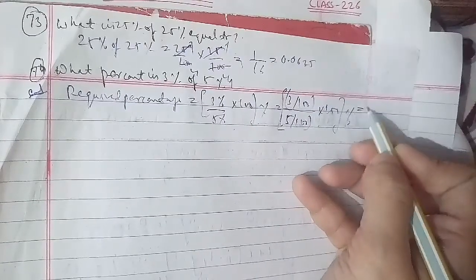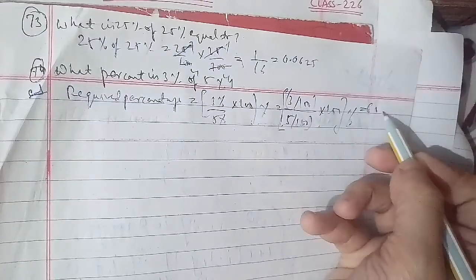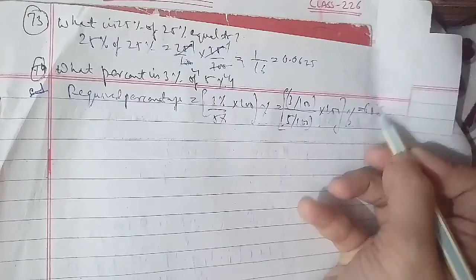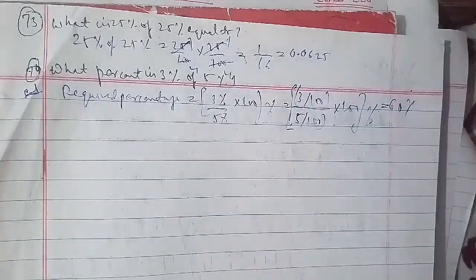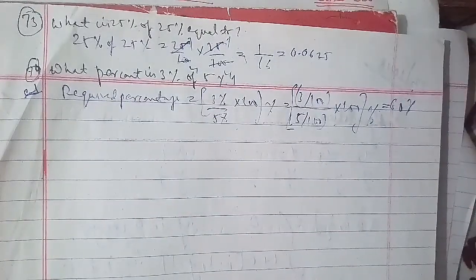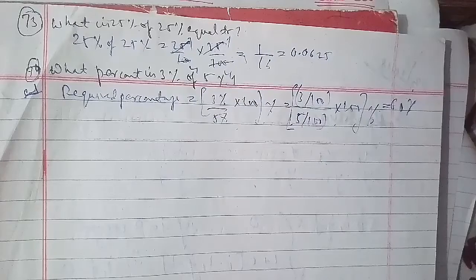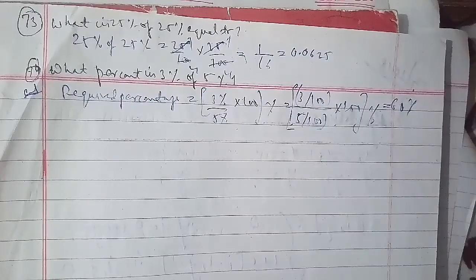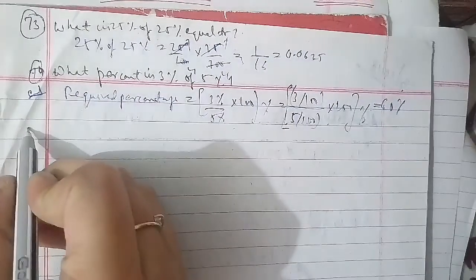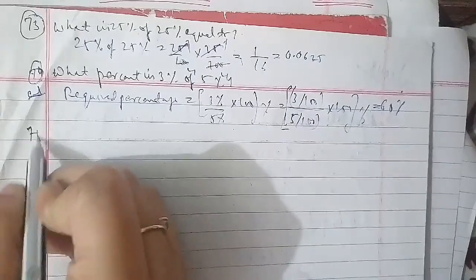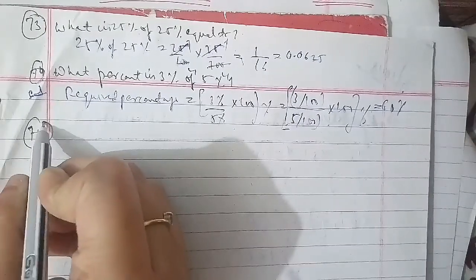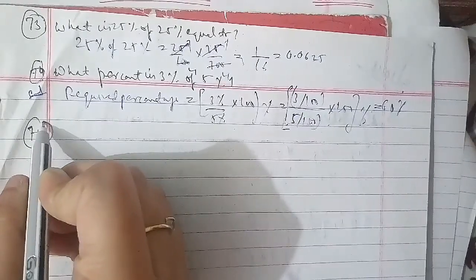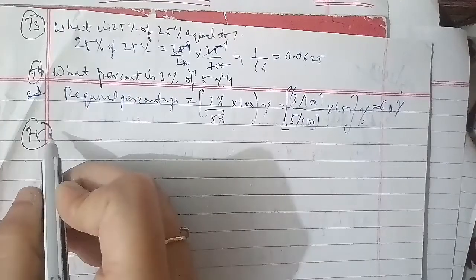The solution for the same: let 95% of x equal 4598, that is, as I told you, of x.